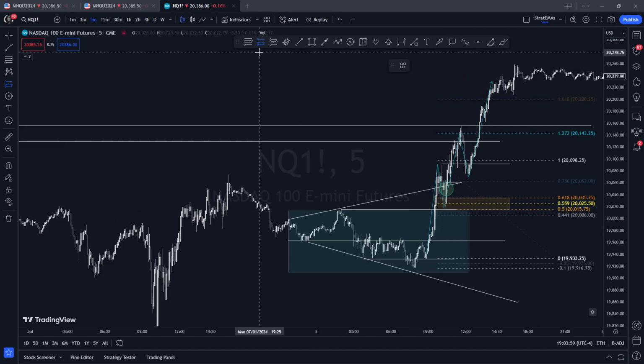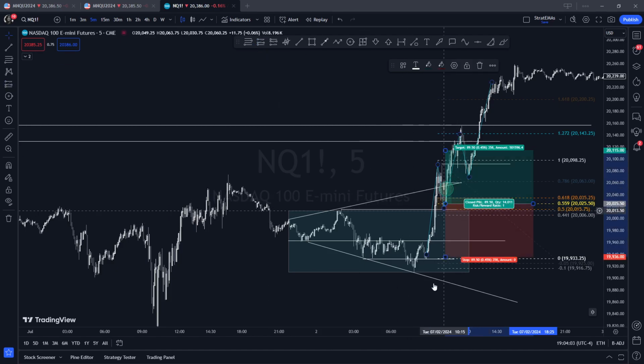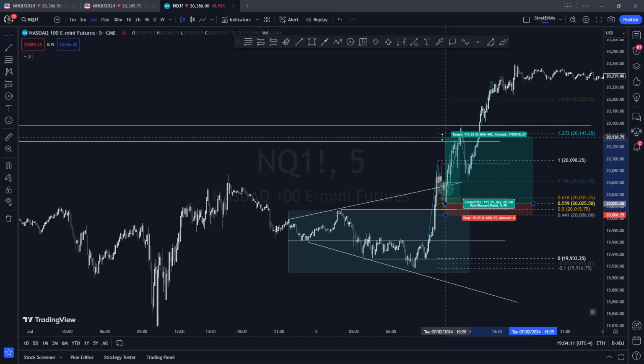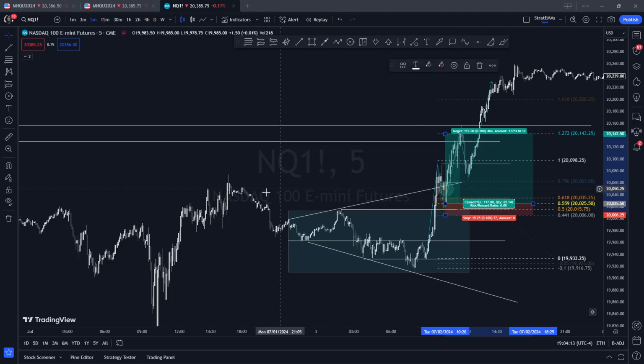If I draw a long position and put it here, and target the 1.272, and this is my stop, the 441, you can see the RR to that is 6.08. And so basically, that's how I do it.